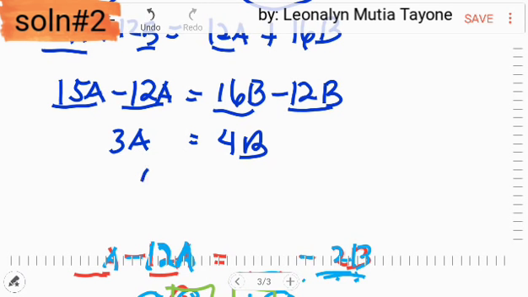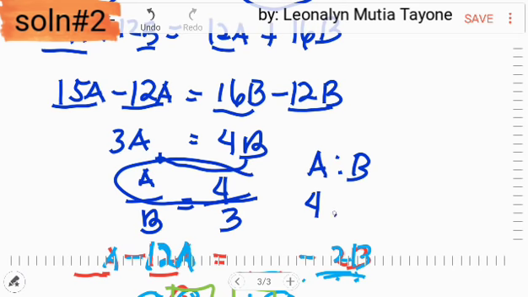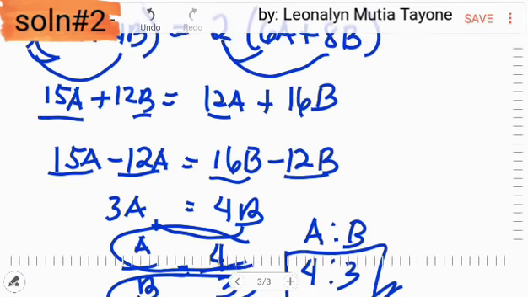This one is A over B, because we transferred it to the other side. Next, 4 over 3. So, the answer here is A is to B. A is equivalent to 4. B is equivalent to 3. 4 is to 3.